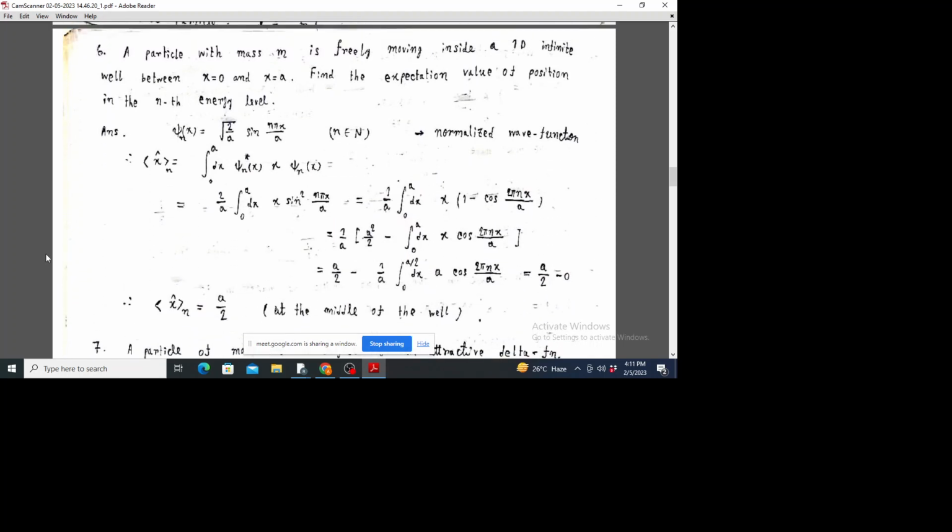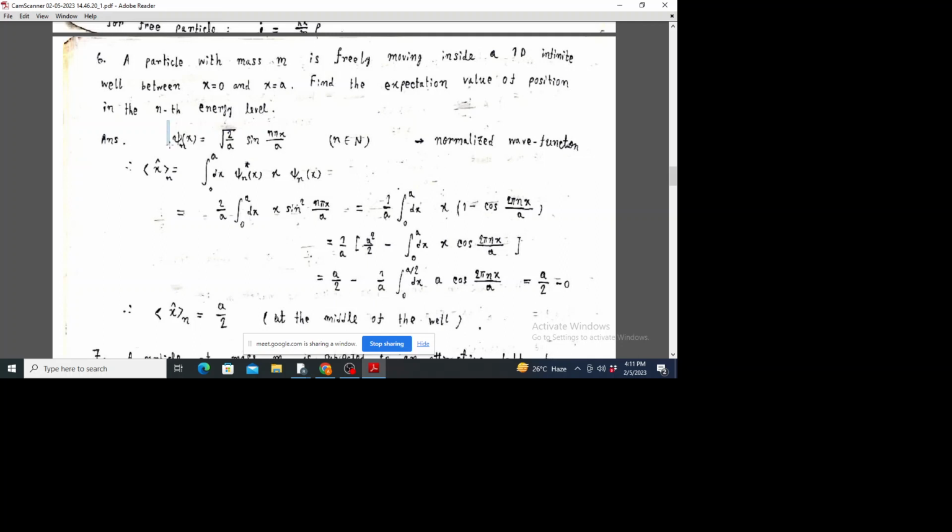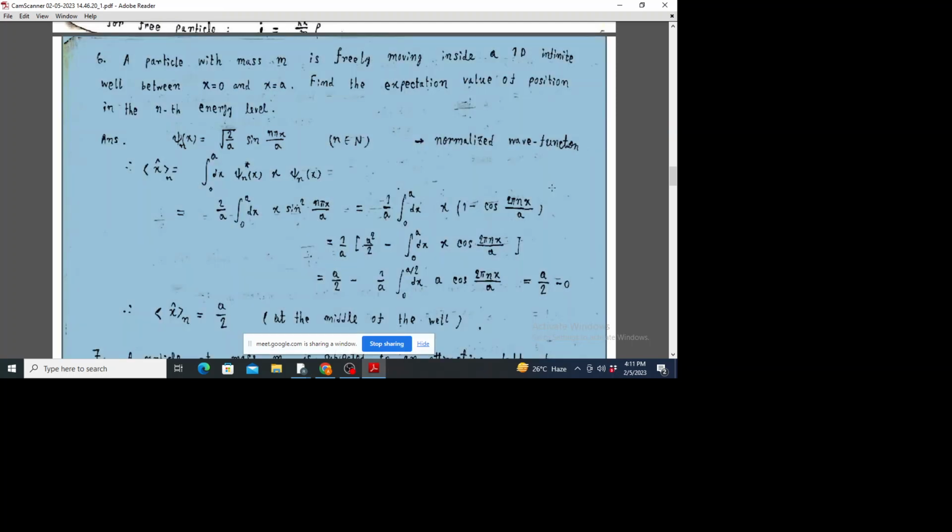Easy problem. The nth energy level wave function is root 2 by a sine n pi x by a, where n is a positive integer. This is the normalized wave function.